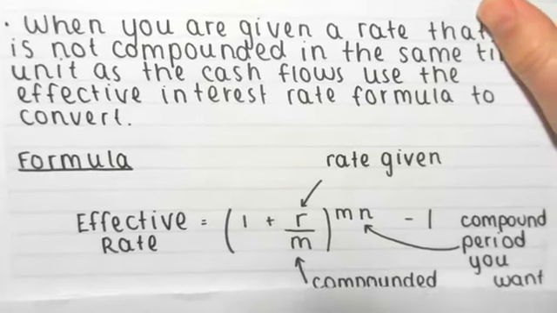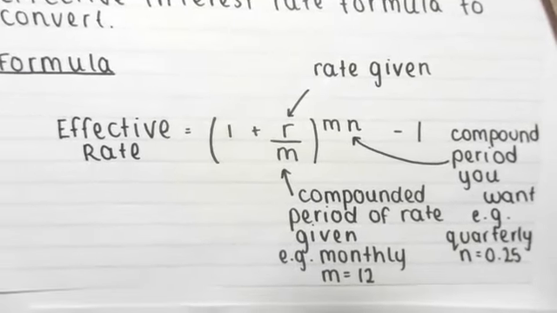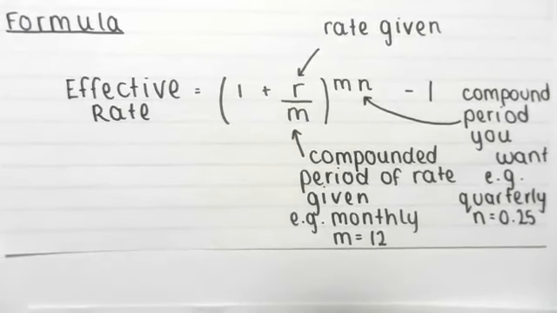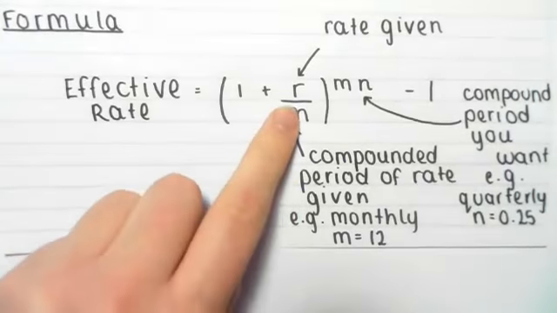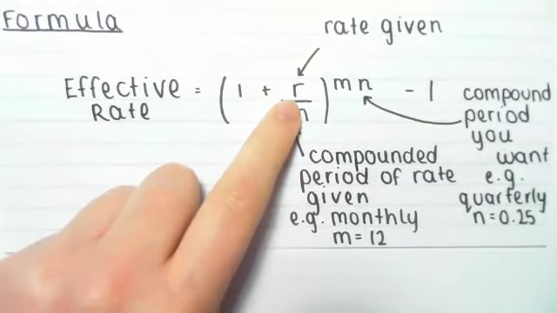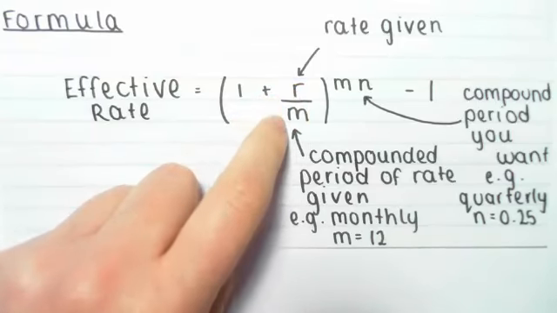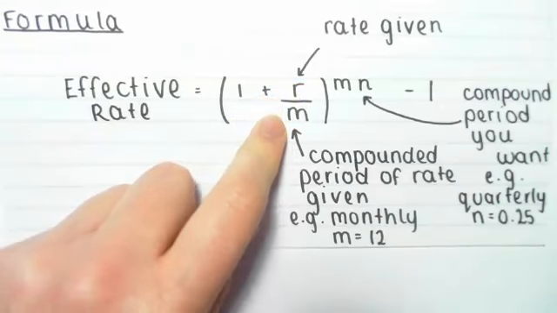So the formula is simply this. We've got the effective rate is equal to 1 plus, and this is going to be the rate given. So when I was talking about 10% per annum compounded annually, that will be the annum. Now, compounded period of rate given.